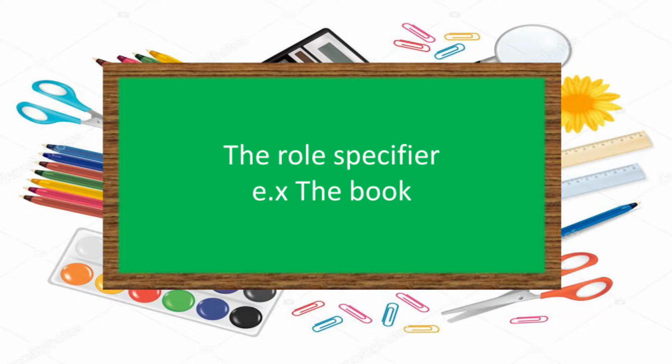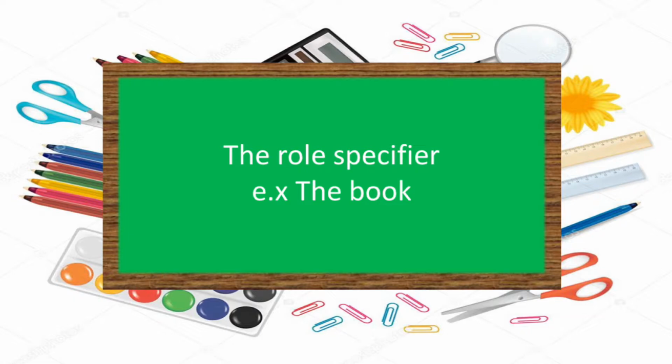So the form of the specifier is the specifier on the left and the head on the right. We need to put the specifier on the left and the head on the right. For this example, the head is "book" and the specifier is on the left side. This is the example of the rule of the specifier.